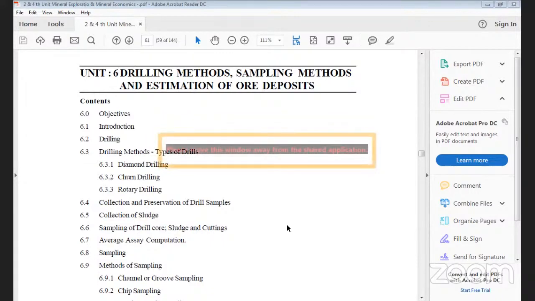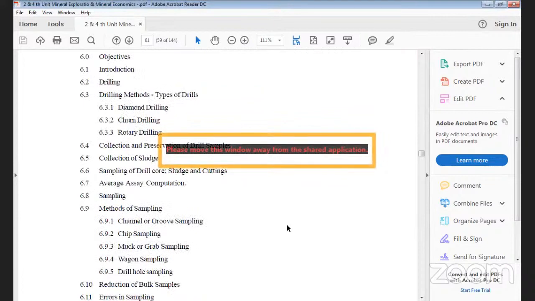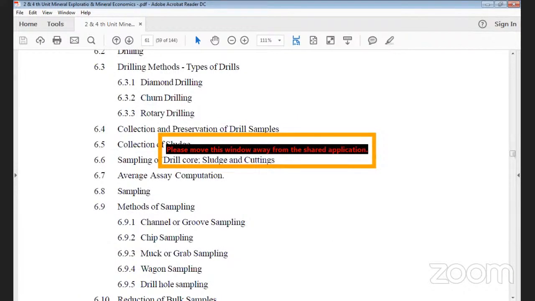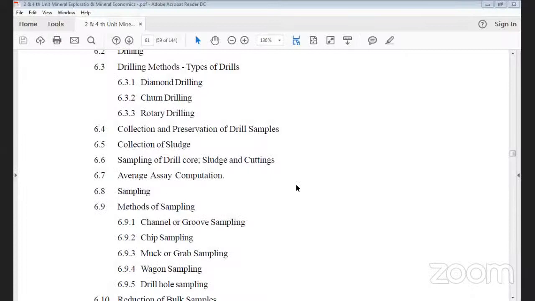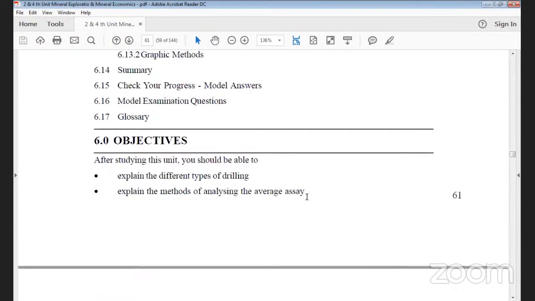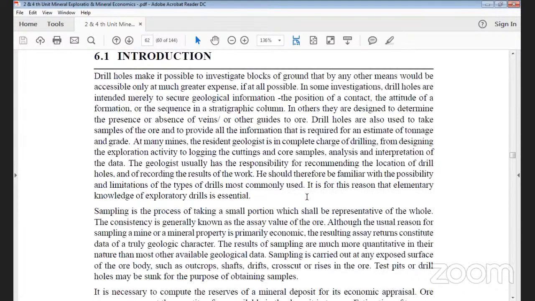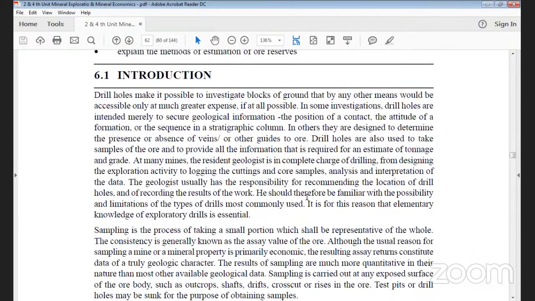We see here: drilling makes it possible to investigate blocks of ground that would otherwise be accessible only by other means at much greater expense.